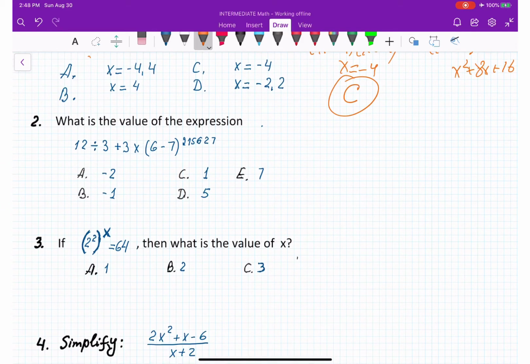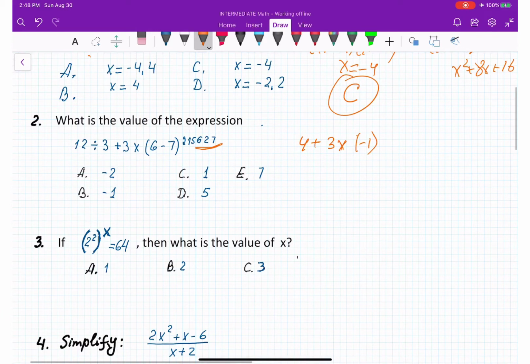Question number 2. 12 divided by 3 is 4, plus 3 times... Now, 6 minus 7 is negative 1. But look at these degrees. We have an odd one, right? Which means negative 1 to an odd power is going to stay negative 1.